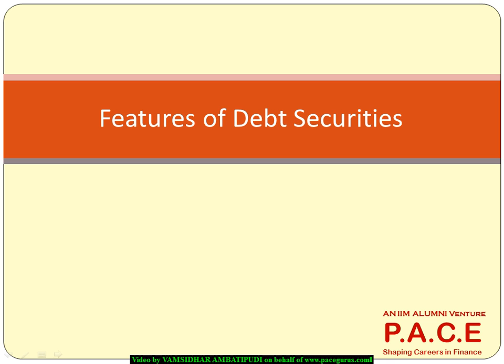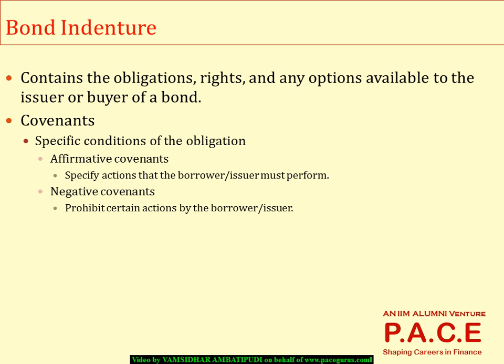So typically the bonds, loans, mortgages, these are the various kinds of things that come under fixed income securities. To start with, every bond or every fixed income security has something called an indenture associated with it.